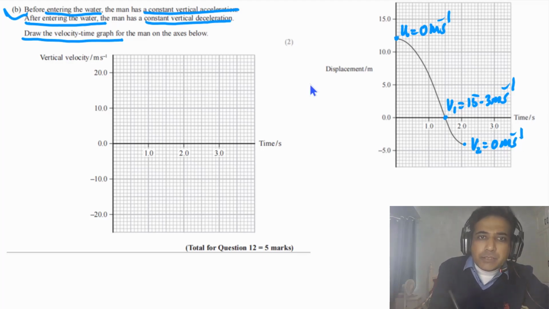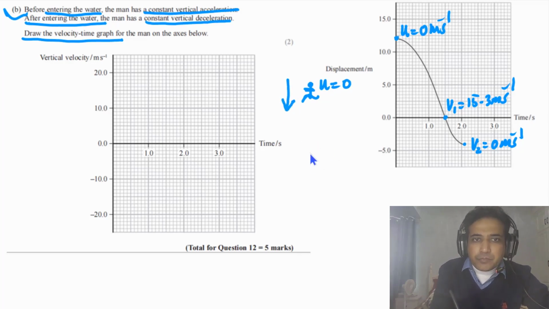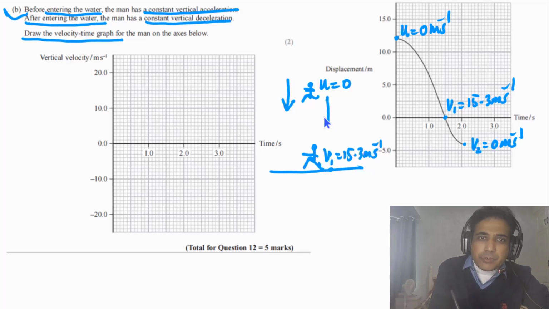We can also understand this question a little bit in a different way. First of all, we can imagine at this point the initial velocity of the person is 0, and this person starts falling downwards. And when this person hits the water, the velocity of the person is equal to 15.3 meters per second, and acceleration is always downwards, so a is equal to g.